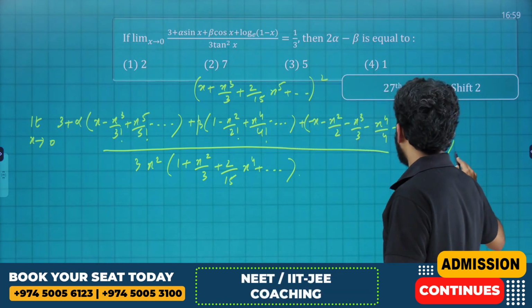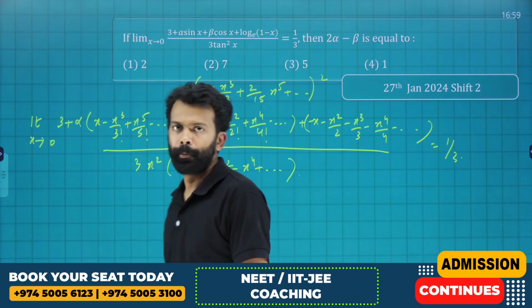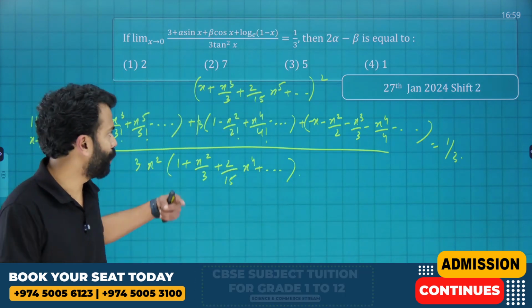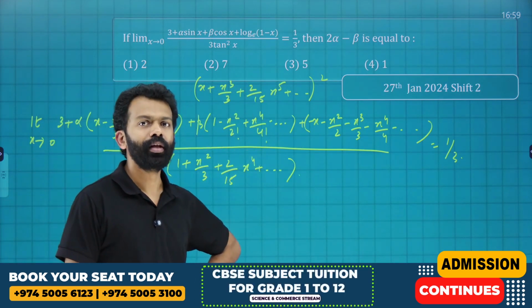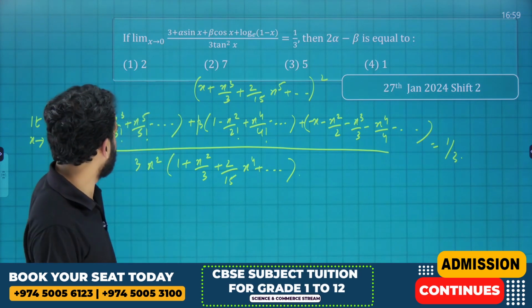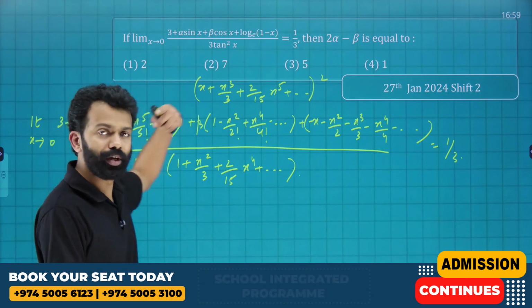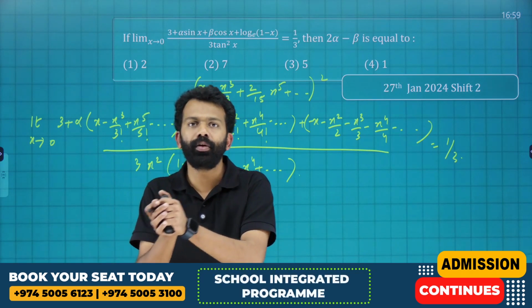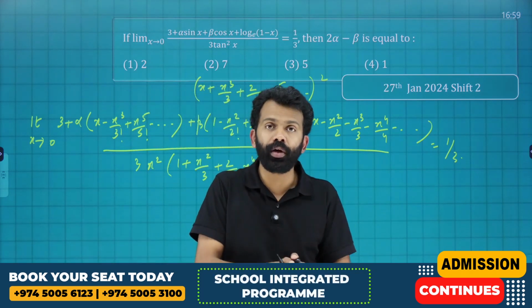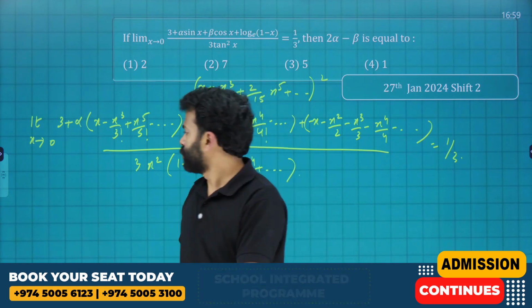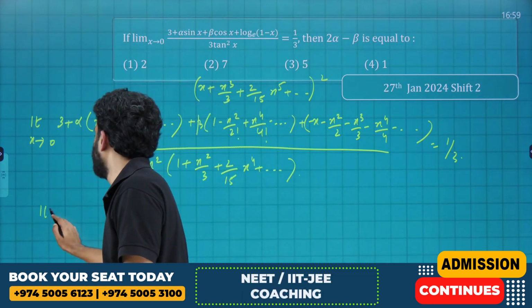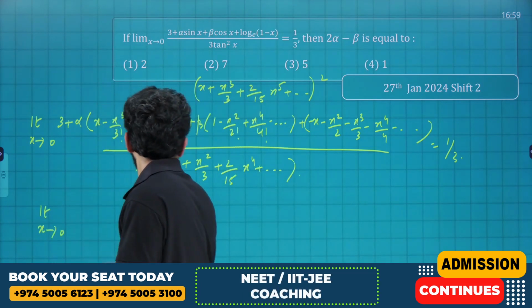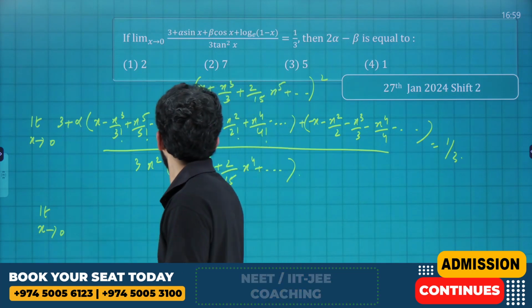So the value is 1 by 3. What is the reduction from here? How are we going to operate this? Let's assemble the terms which are independent of x, the terms dependent on x, on x square, x cube, and so on, separately. So here, limit x tends to 0. The constant terms are 3 plus beta.